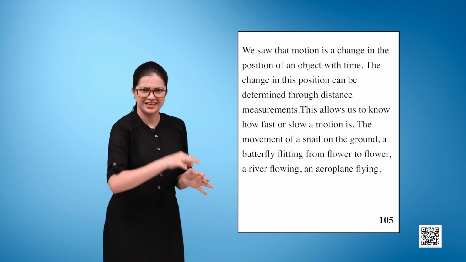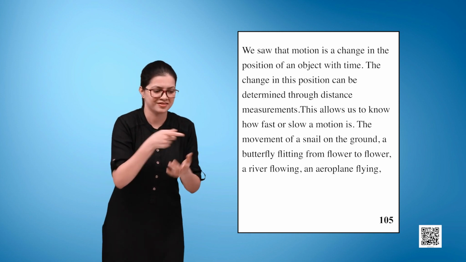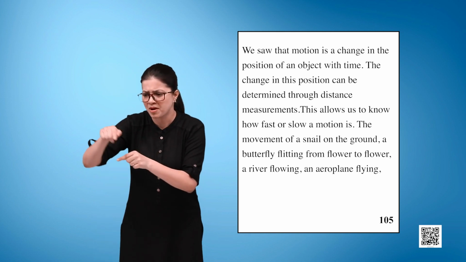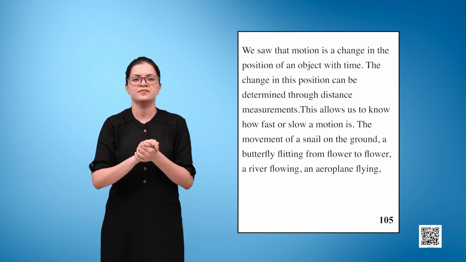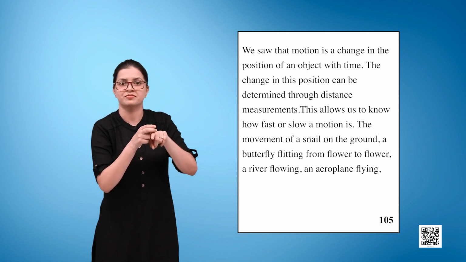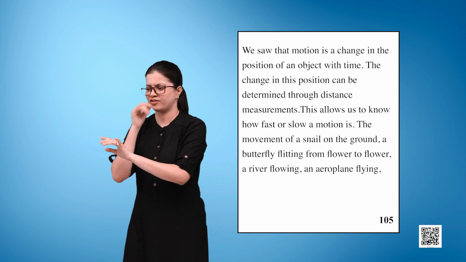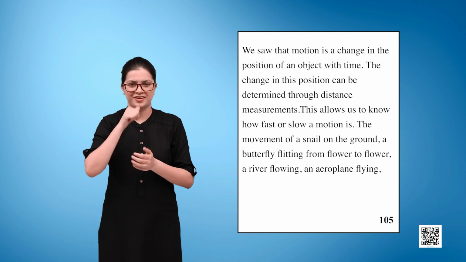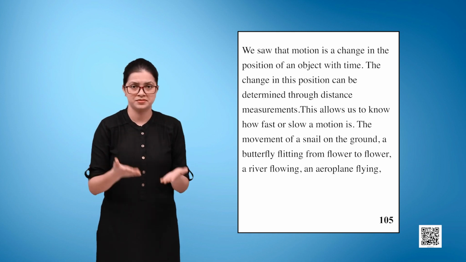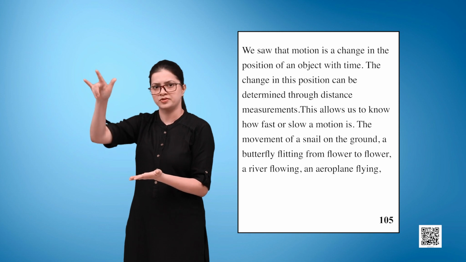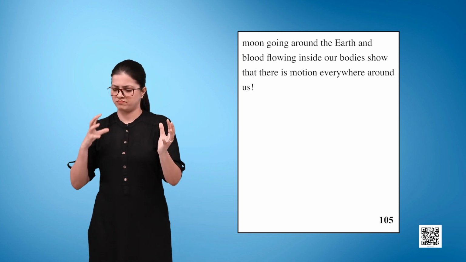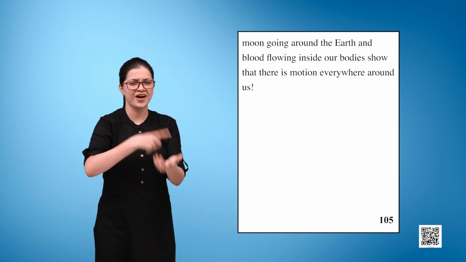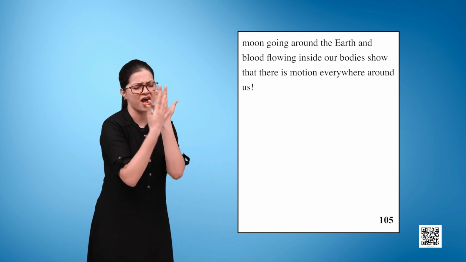This allows us to know how fast or slow a motion is. The movement of a snail on the ground, a butterfly flitting from flower to flower, a river flowing, an aeroplane flying, moon going around the earth, and blood flowing inside our bodies show that there is motion everywhere around us.